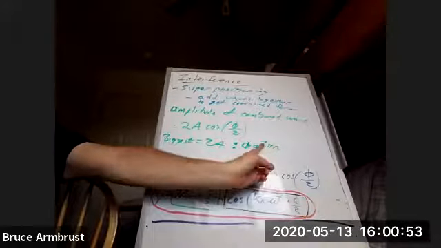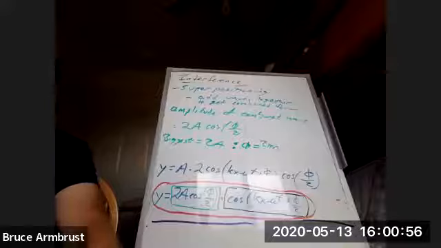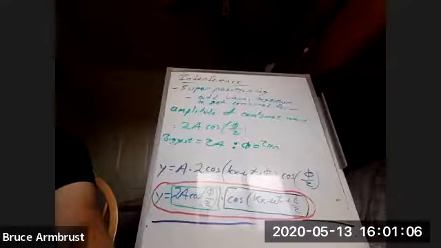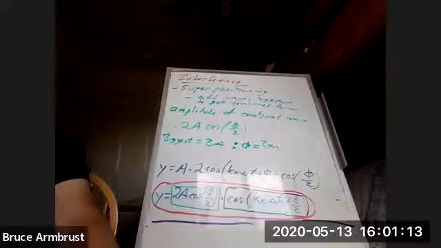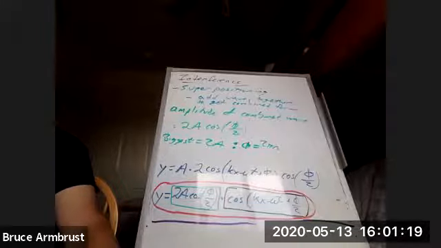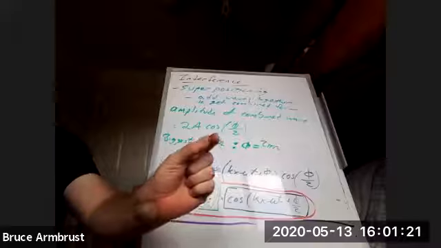Remember what phi is. That's how far we are out of phase. If phi is 0, these things are not out of phase, which means the max of one is on top of the max of the other, because it's the same wave. If phi is 2 pi, it's still the same situation, because a 2 pi phase difference just means you brought that max over to the other max.